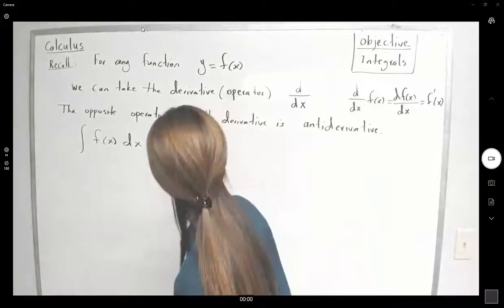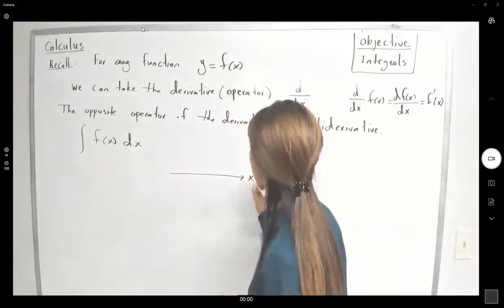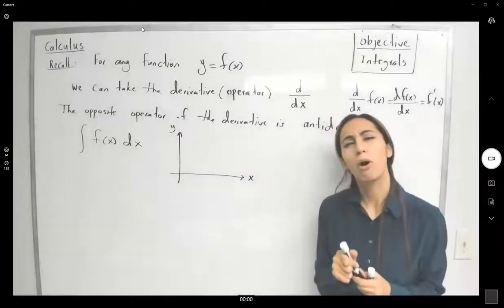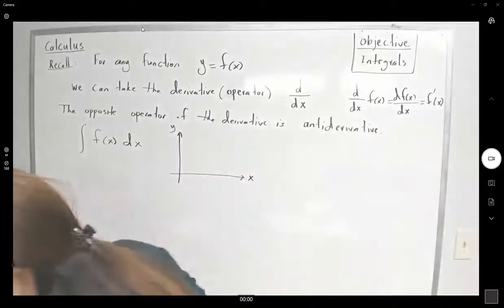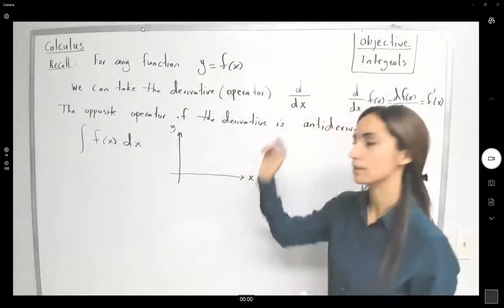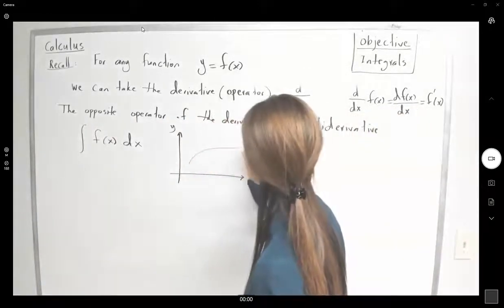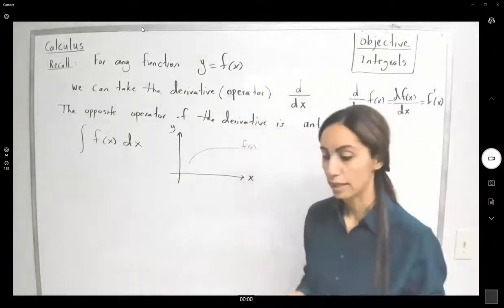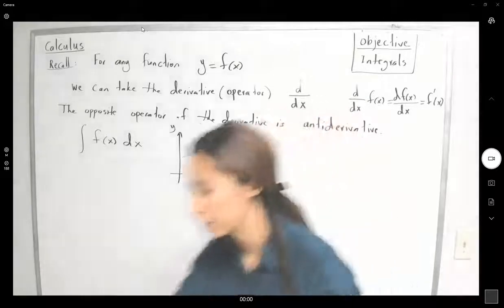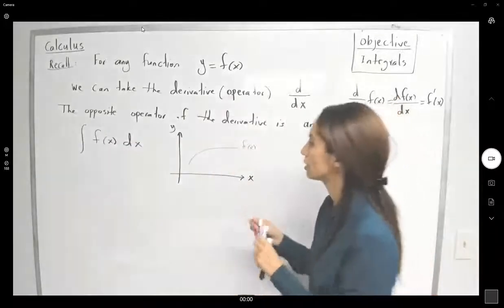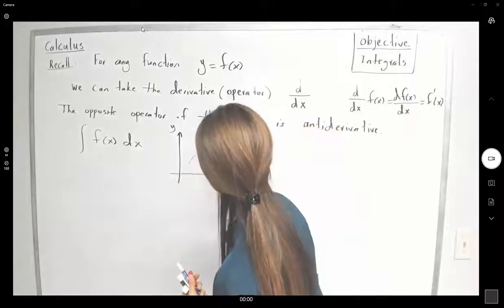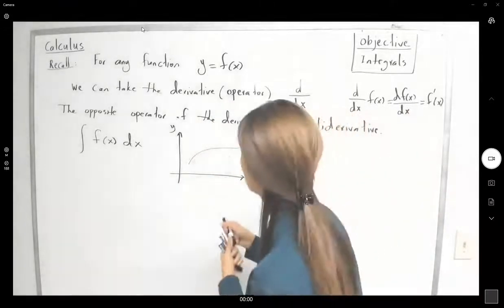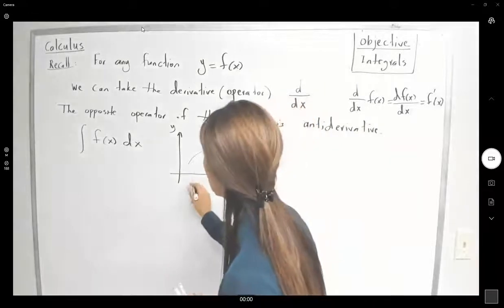So we say that they have an x-axis and a y-axis, and suppose this function is a positive function. It means that this function is above the x-axis. Suppose this is your function f of x. Then I can evaluate the area below the curve, and suppose my x is bounded between two numbers, a and b. So I have a definite integral, a definite area.